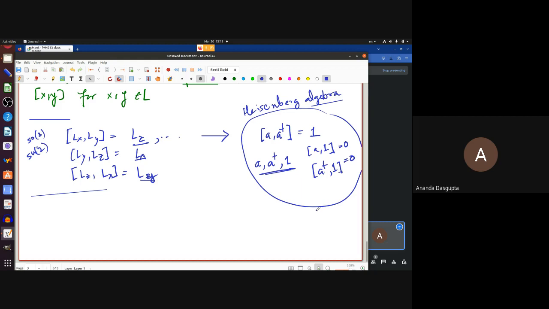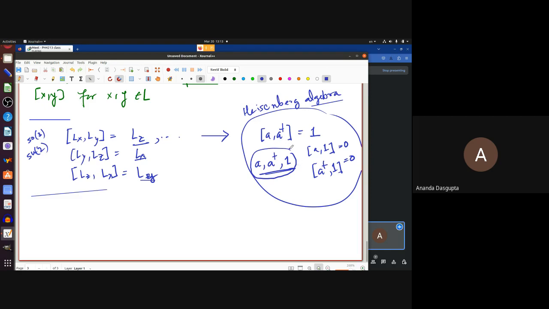Okay? So the Heisenberg algebra is all possible linear combinations of A, A dagger, and 1, where by 1 I mean the identity. Any combination gives you elements of the Heisenberg algebra.